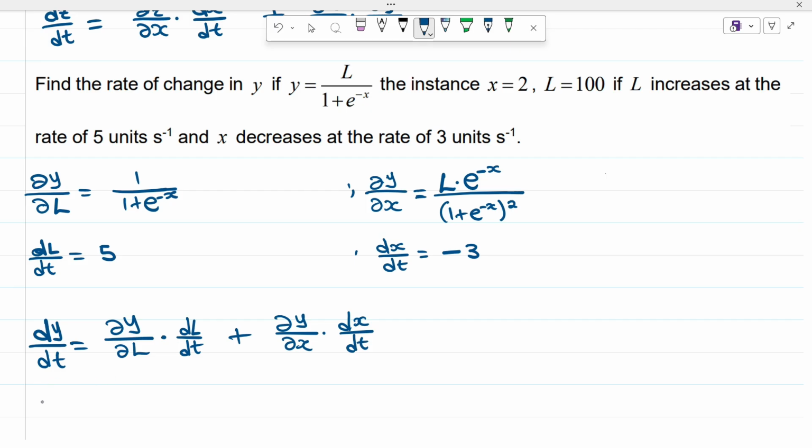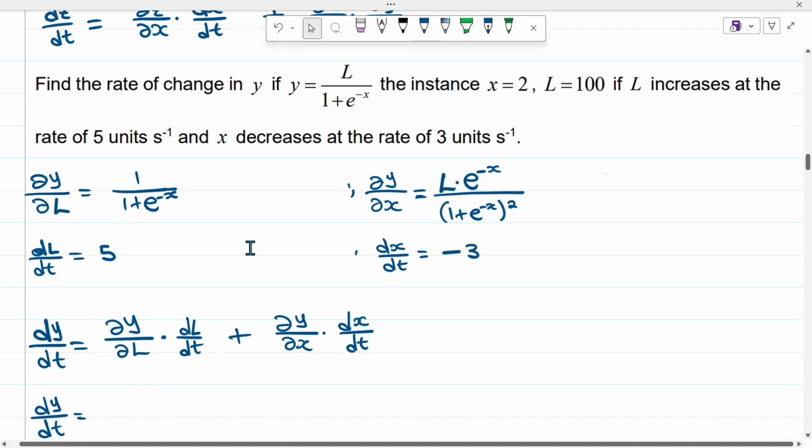And then we're just going to substitute from here. So dy/dt is then going to be equivalent to what?